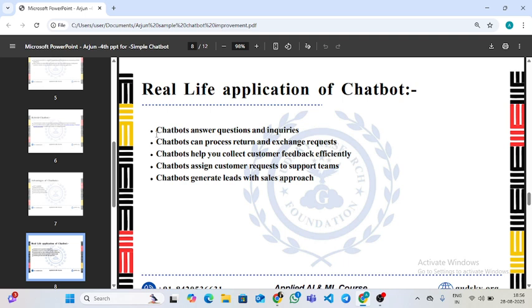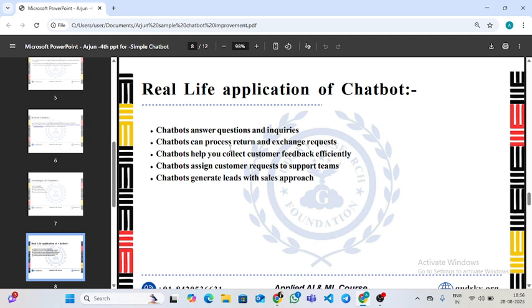First, chatbots answer questions and inquiries. A chatbot gives responses to your questions and any type of inquiries related to that organization. So this is the first real-life application of chatbots. Now we see the next one, that chatbots can process return and exchange requests.